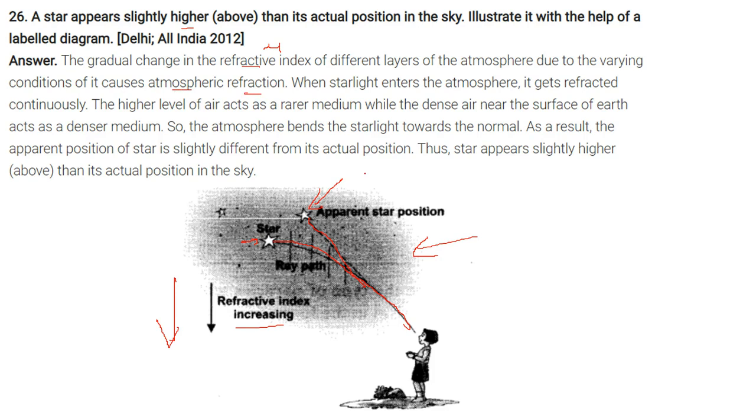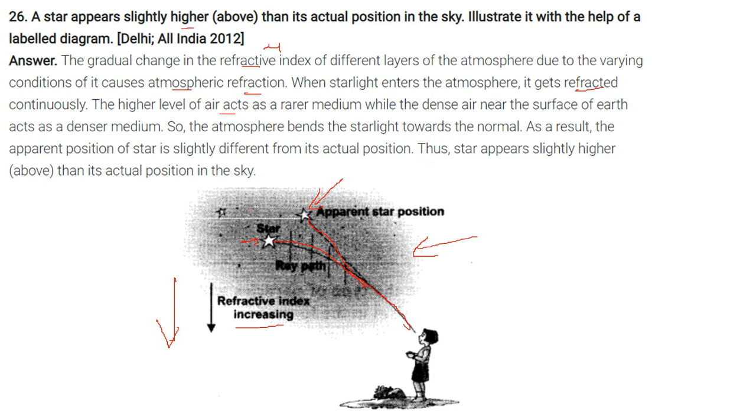When starlight enters the atmosphere, it gets refracted continuously from one level to another. The higher level of air acts as a rarer medium, while the lower layer, near the surface of the earth, acts as a denser medium. So the atmosphere bends the starlight towards the normal.